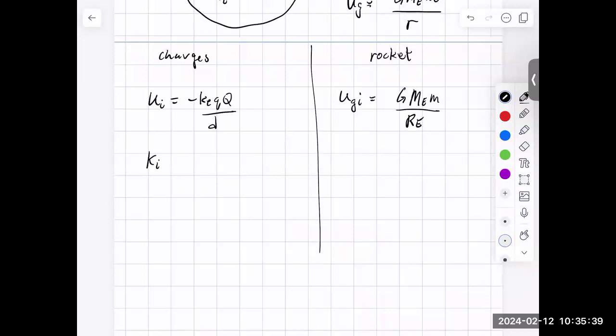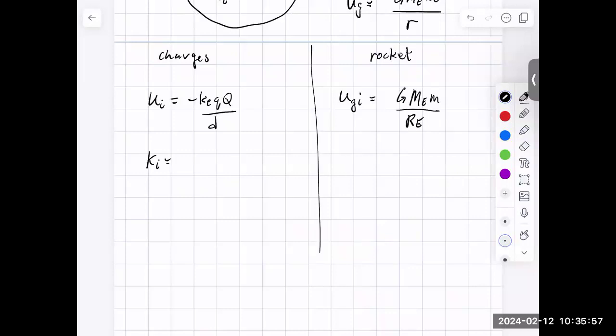The initial kinetic energy for our charge. Let's start with the charge. Remember, we said the big charge plus Q was going to be fixed in place the whole time. So it's never moving. It never has any kinetic energy.